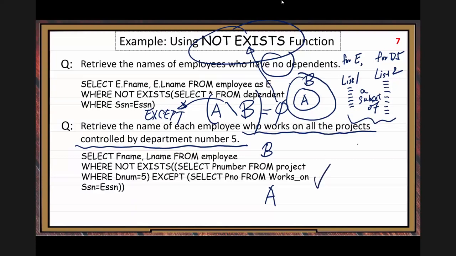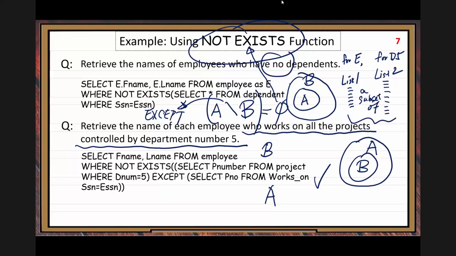Actually, it should be the other way around, with B inside A. Why? Look at the understanding here. That's why I say this one is the hardest. It's very confusing. Who works on? This employee works on all the projects controlled by Department 5.